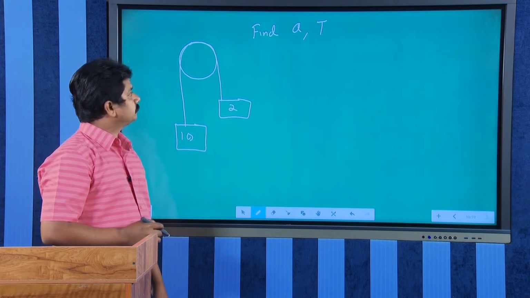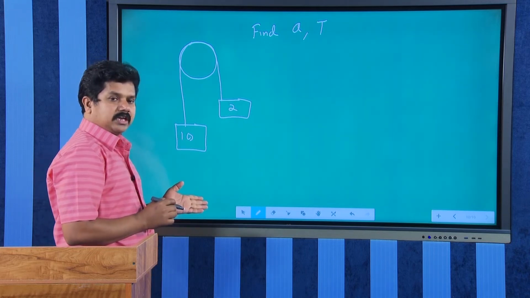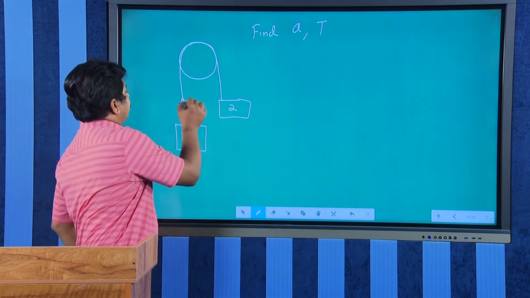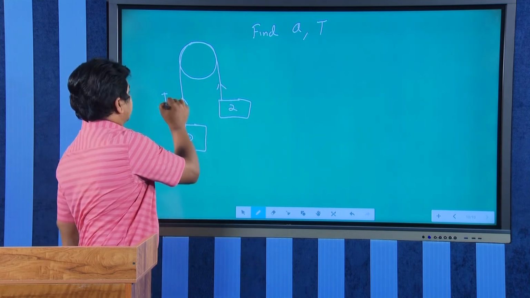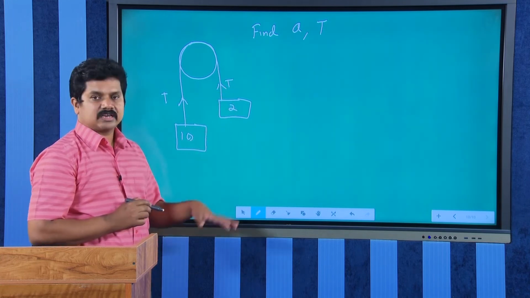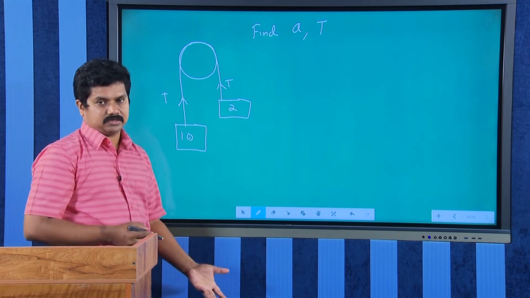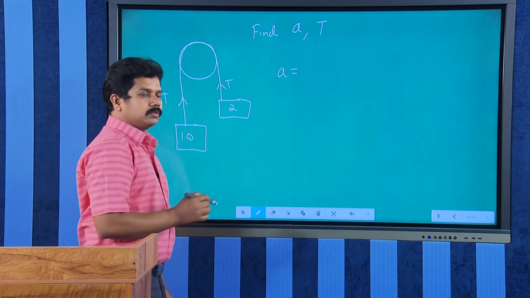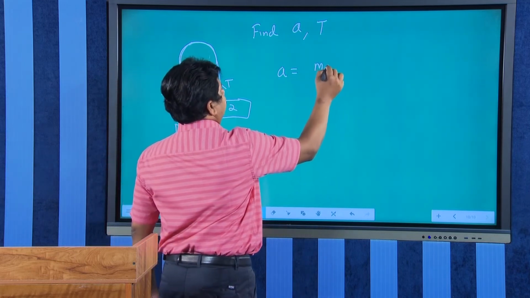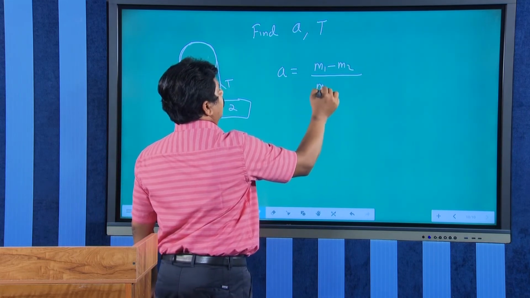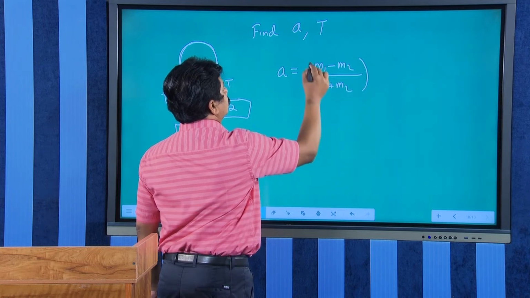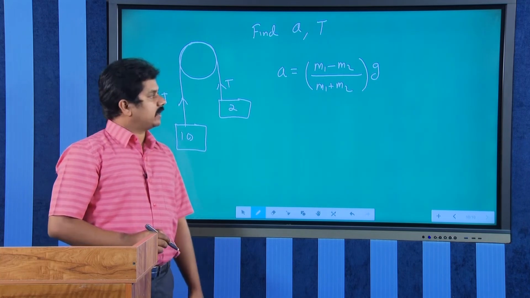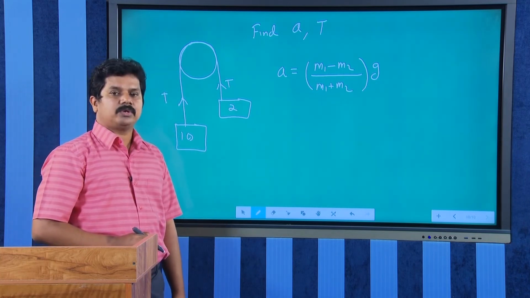So, how do we solve? We know this 10 kilogram will move down, 2 kilogram will move up, tension will be like this. Now, we can directly substitute, we have the expressions for acceleration and tension. What is the expression for acceleration? a equal to m1 minus m2 by m1 plus m2 into g.